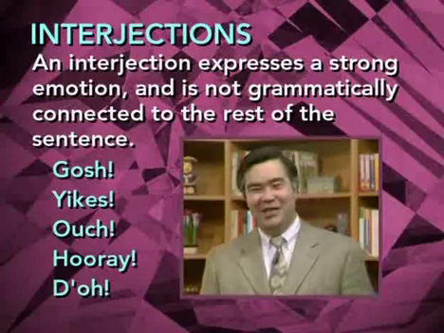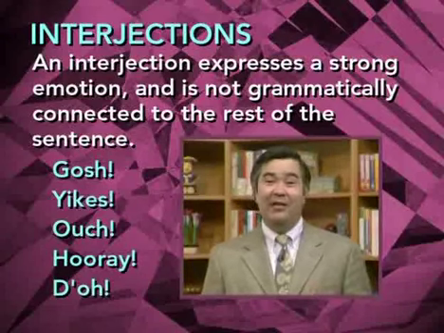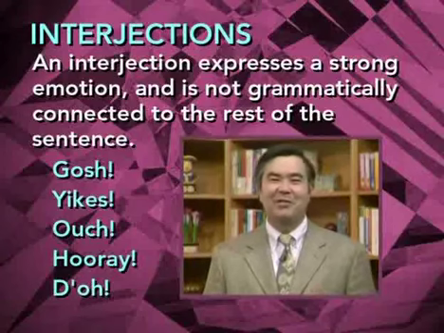Those are interjections. And since they're not connected grammatically to the rest of the sentence, you don't need to know much about them. Recognizing parts of speech is, for some students, a little tricky. Why is it important to be able to recognize parts of speech in a sentence?